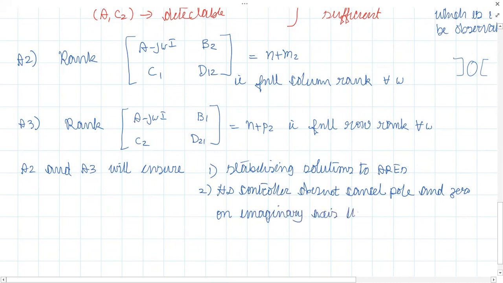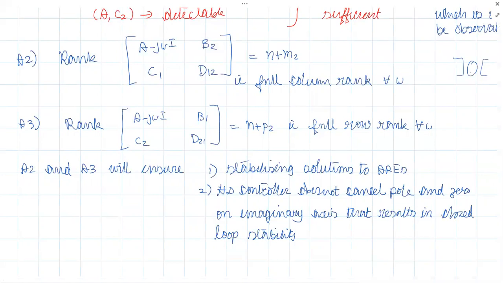That results in closed loop instability. What's the meaning of this? It will ensure internal stability or well-posedness. Okay, well-posedness or internal stability means what? All the poles are in the left half of the S-plane. Okay, there are no pole-zero cancellations. That will be ensured by these two assumptions.